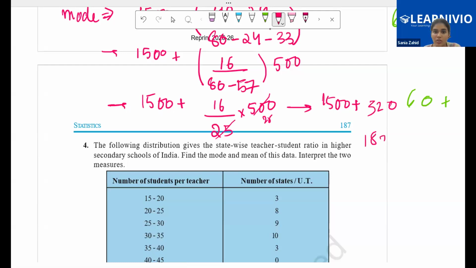You get 1,820. Are you getting nearly 1,820? No. What is your answer? 2,100.